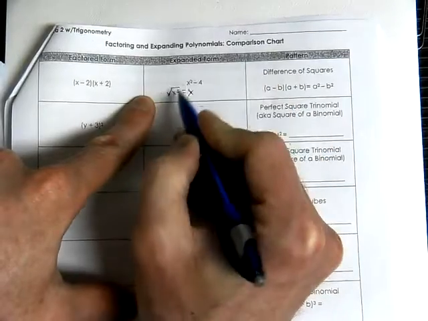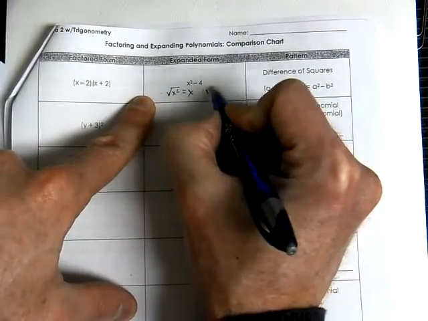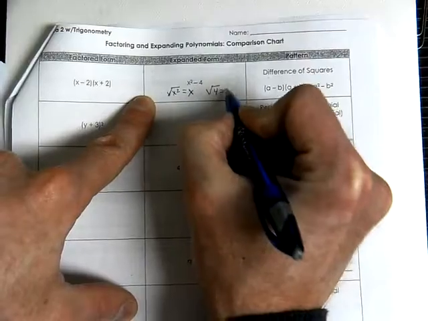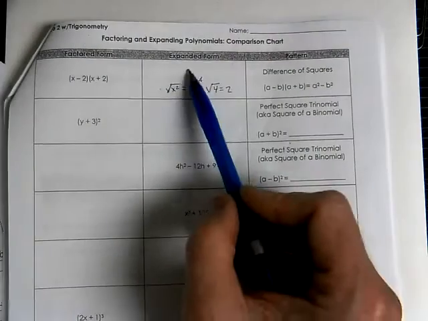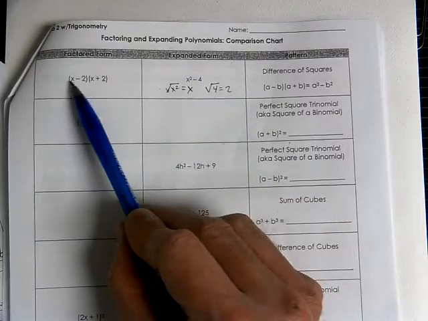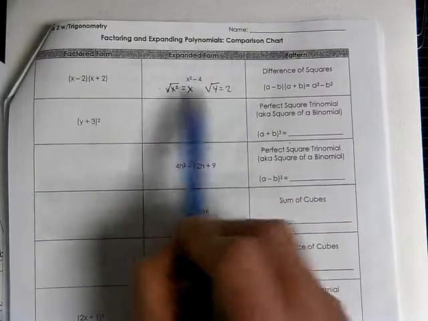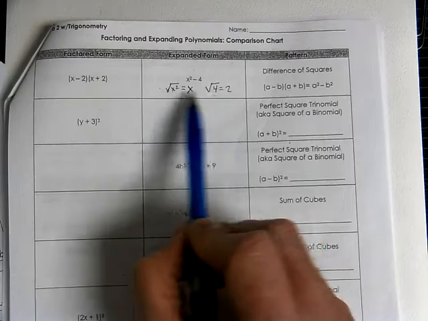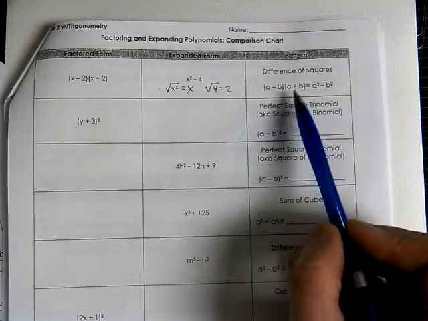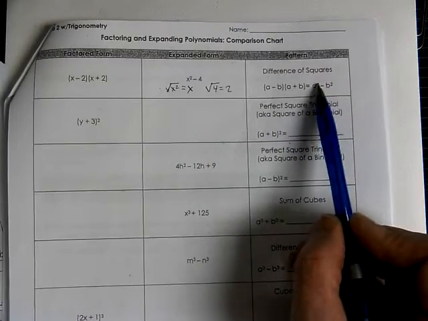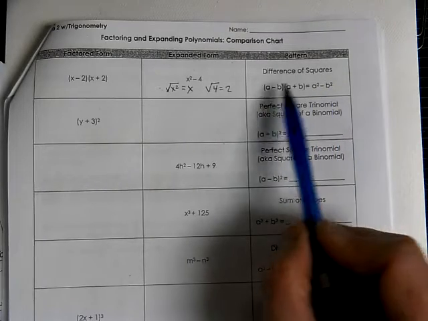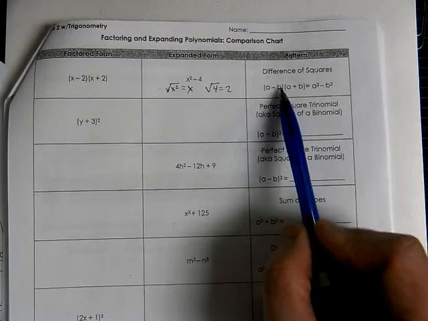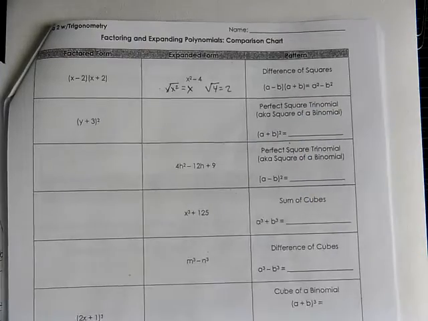Remember, it has to be the difference. Then it's going to be x minus 2 and x plus 2. The rule is: if you have two squares and you're taking the difference of them, then you can write it as a minus b and a plus b.